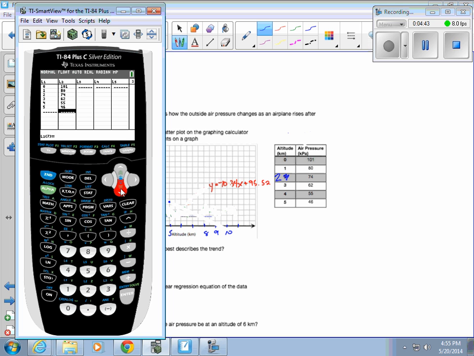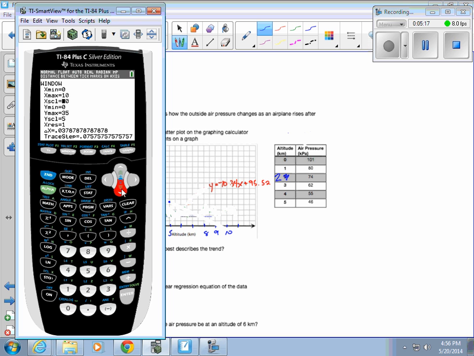Now our window for this one is set from our last one. So our x went from 0 to 5. Let's just leave the minimum at 0 because we're not going to have an altitude less than 0. X maximum, you could go to 10.